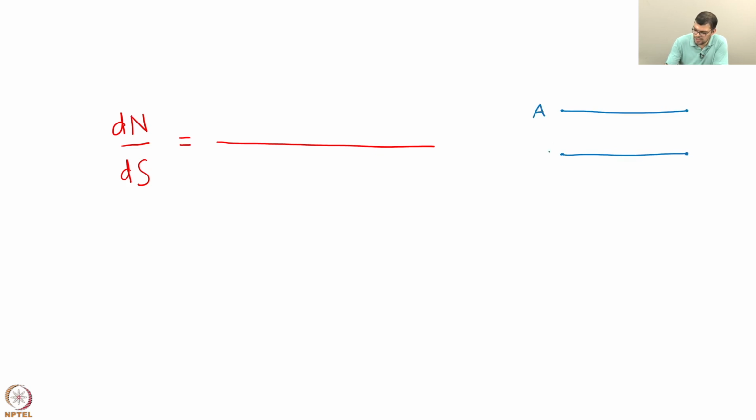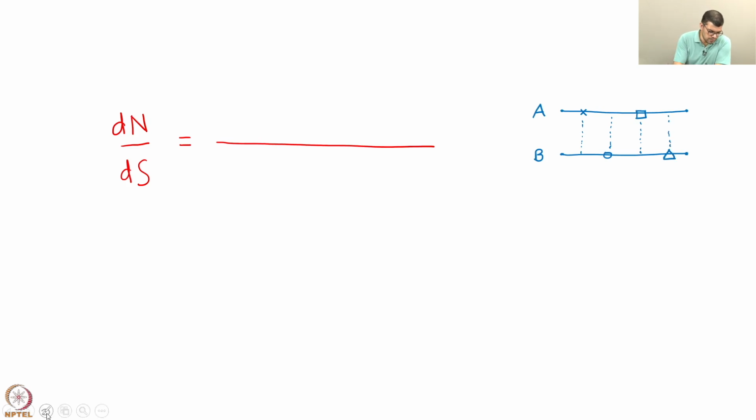Let us call them A and B. Let us imagine that we are comparing the sequence of a particular gene, and we see that this sequence is different at a few positions. The nucleotides present in the two sequences are not identical at these highlighted positions, everywhere else they are identical.